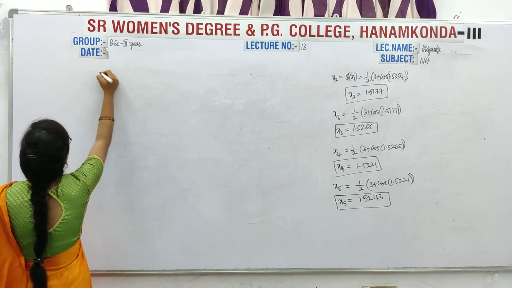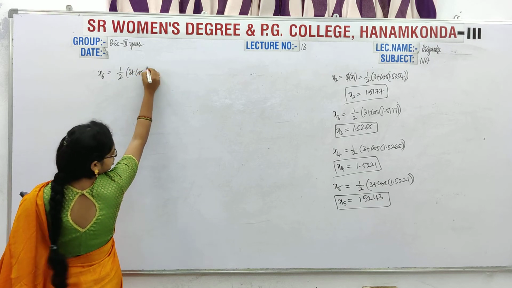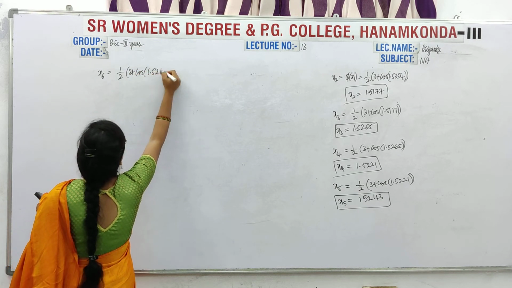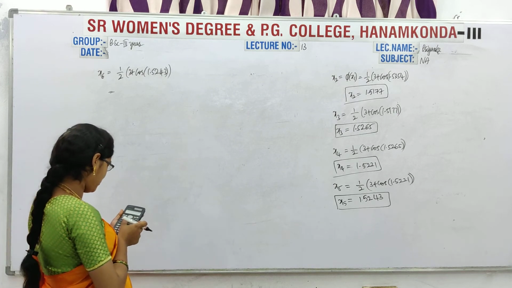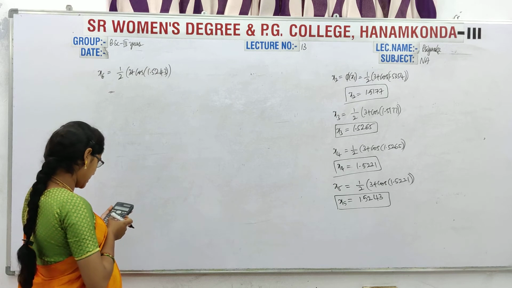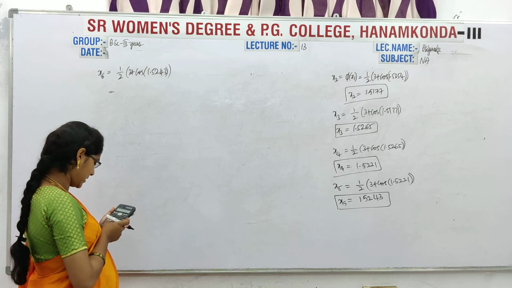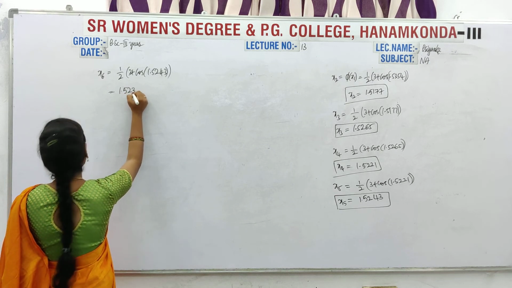So now here x6 equals 1 by 2 of 3 plus cos of 1.5243. Now cos of 1.5243 plus 3 divided by 2. 1.52323.